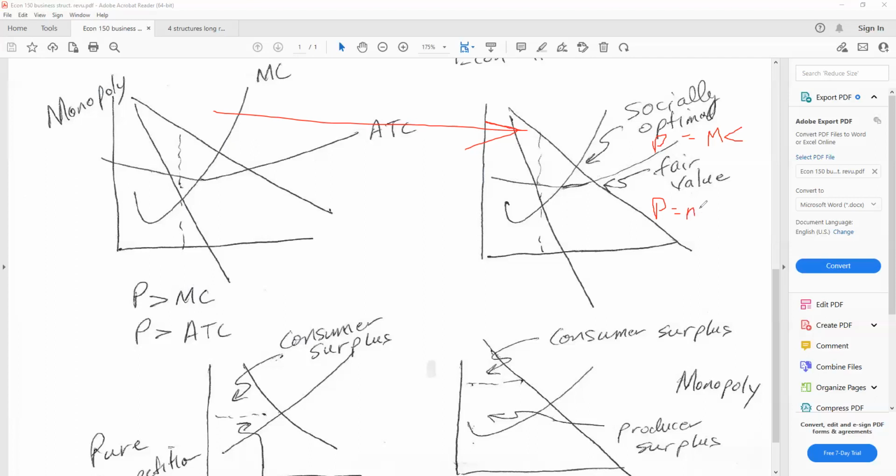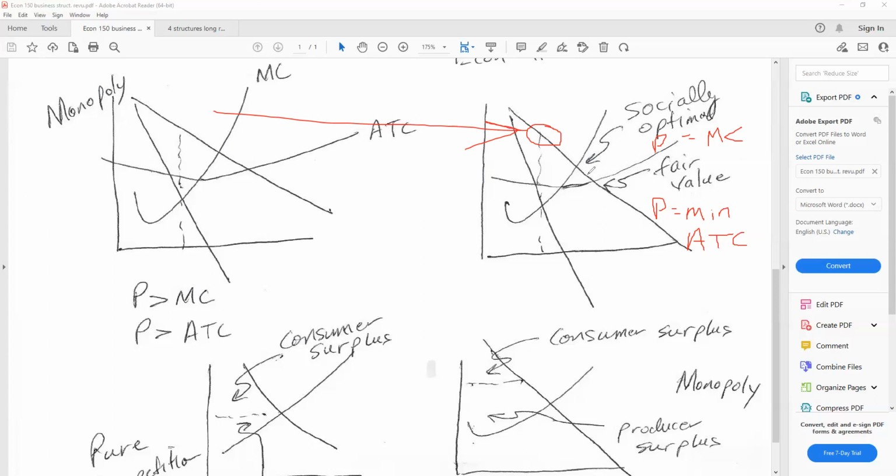So that's what we're looking for in terms of fair value. And it's not necessarily the minimum. That would be the optimal price in terms of pricing for the utility company. But we're basically going to look at where average total cost hits the demand curve.